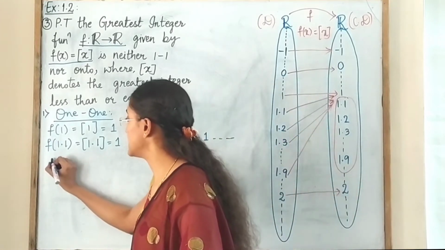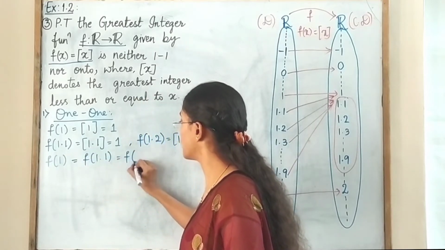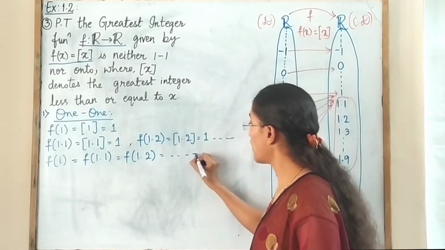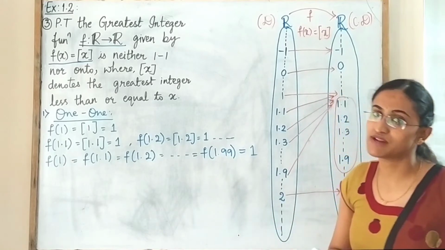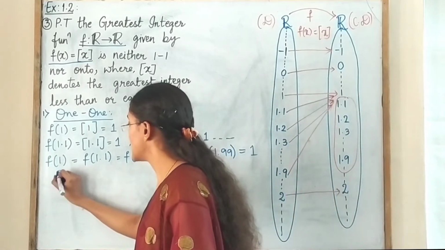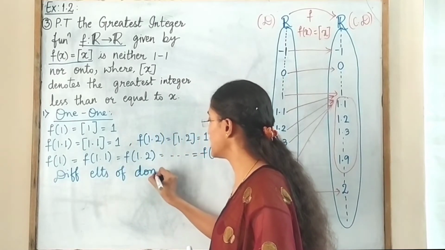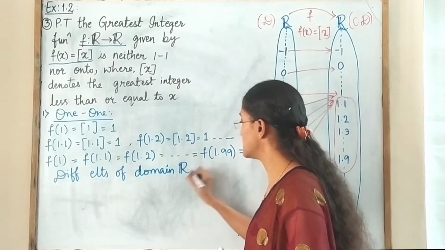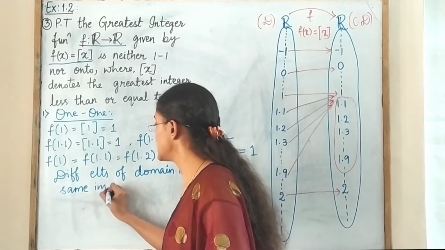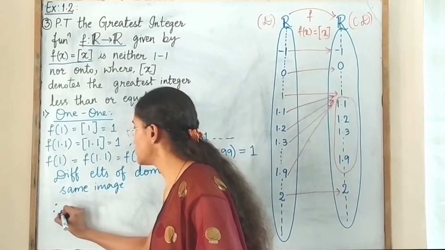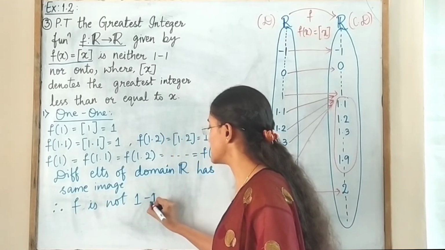Hence, you can now clearly tell that f of 1 is equal to f of 1.1 is equal to f of 1.2 and so on until f of 1.99 will also be equal to the same number 1, and hence different elements of the domain R have the same image. And hence you can conclude that f is not a one-one function.